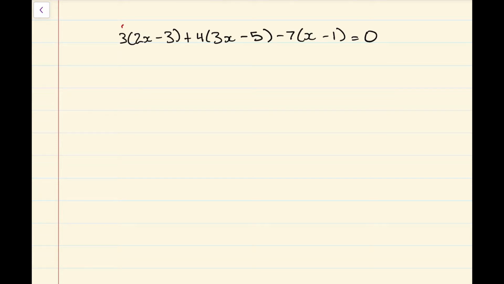We'll have 3 into 2x is equal to 6x, and 3 into negative 3 will give us negative 9. Now let's remove our second bracket. We'll have 4 into 3x will give us 12x, and then we'll have 4 into negative 5 will give us negative 20.